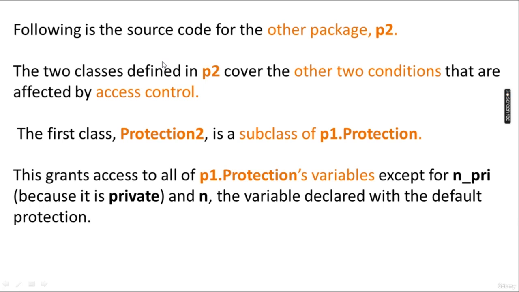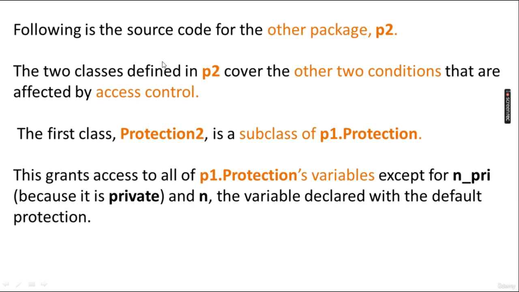What I have told you is that when the access is default, that data member is accessible only within the same package, not outside of it. But in this case, protection is a superclass in package 1, and protection 2 is a subclass of protection written in package 2.